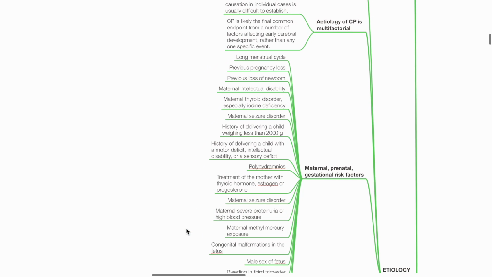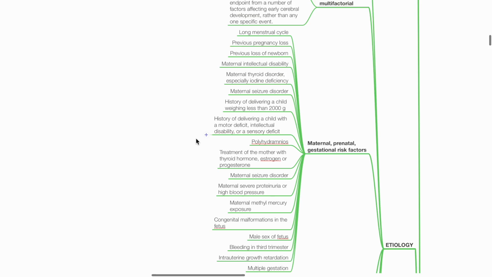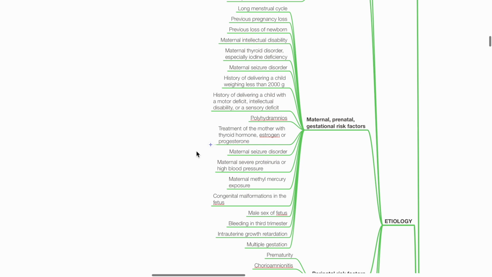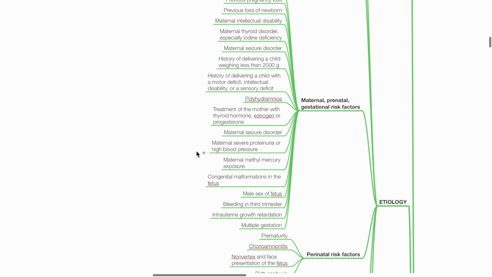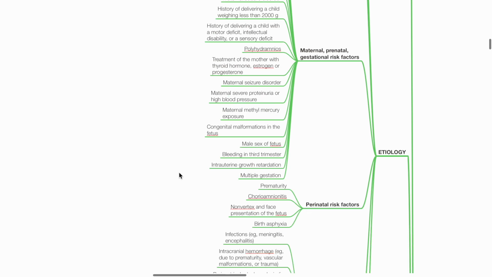Maternal, prenatal, or gestational risk factors include long menstrual cycle, previous pregnancy loss, previous loss of newborn, maternal intellectual disability, maternal thyroid disorder, maternal seizure disorder, history of delivering a child weighing less than 2,000 grams, history of delivering a child with motor deficit, intellectual disability or sensory deficit, polyhydramnios, treatment of mother with thyroid hormone, estrogen or progesterone, maternal severe proteinuria or high blood pressure, maternal mercury exposure, congenital malformation in the fetus, male sex of the fetus, bleeding in third trimester, intrauterine growth retardation, and multiple gestation.